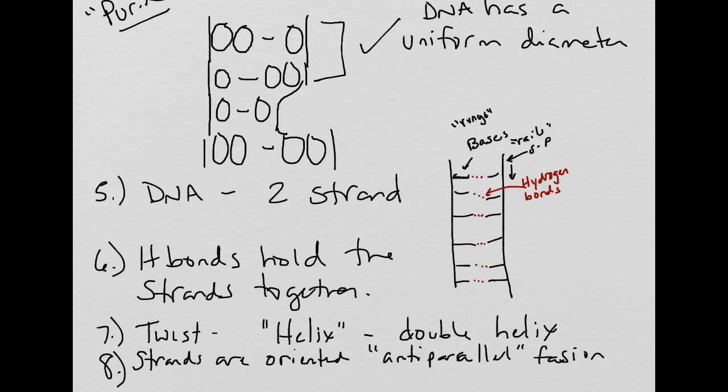And what that means is that they run parallel to each other, just like this ladder, but they're in an opposite orientation. So the one is opposite of the other. So we'll see what that means in the next page.